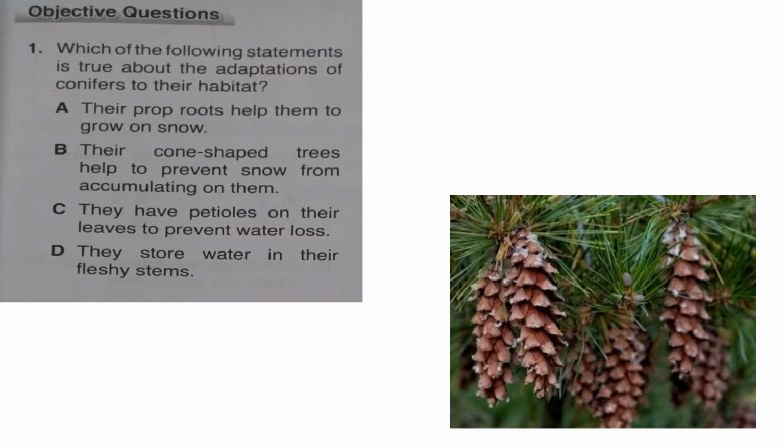In the question we have the word conifers, this is what we call conifer. The answer here is their cone-shaped trees help to prevent snow from accumulating on them. So please circle letter B.